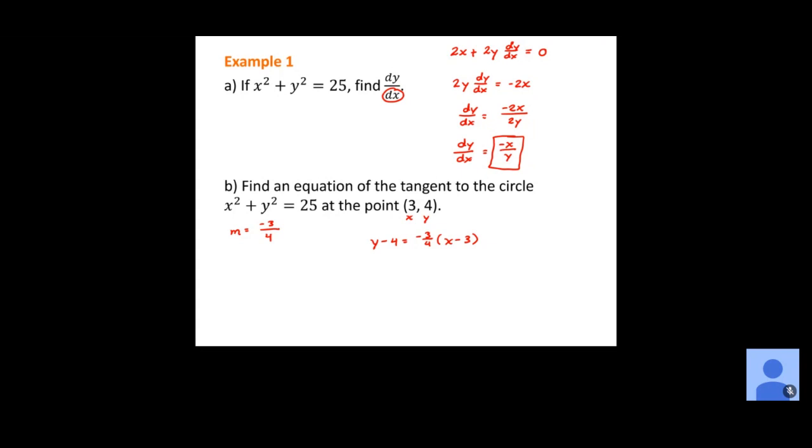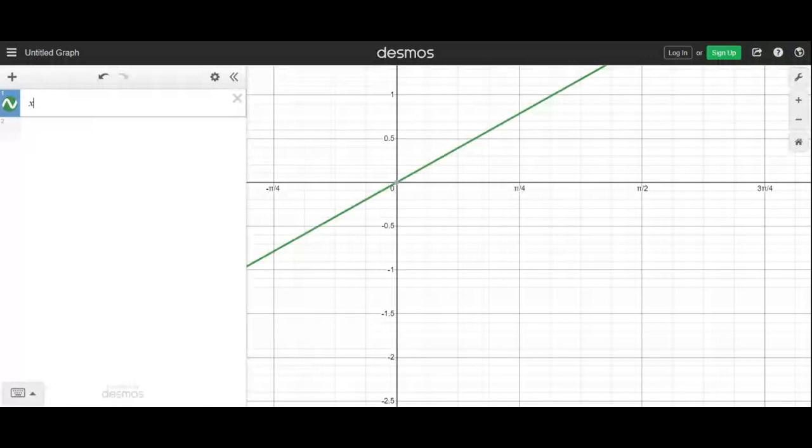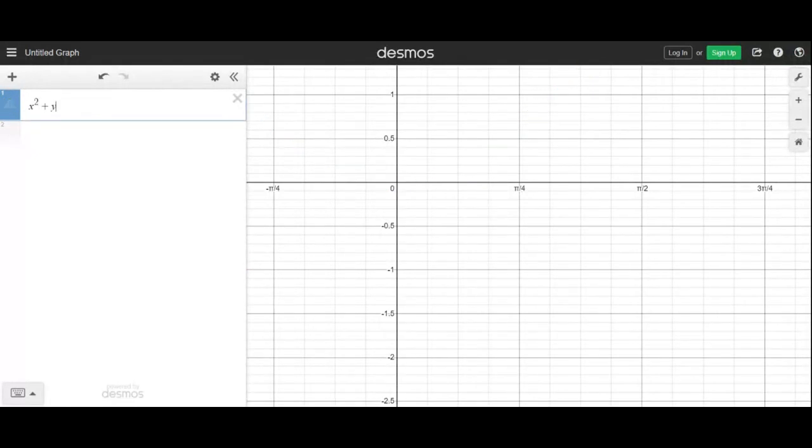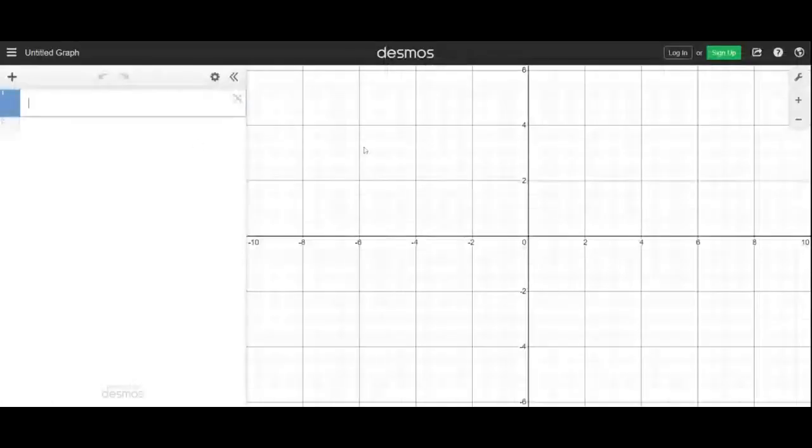Now this we can look at on the graph to check and make sure that our answer makes sense. So let me switch over to Desmos. Let's take a look at what we've got. Our original was x squared plus y squared equals 25. Let me refresh this just to get all the trig stuff off.